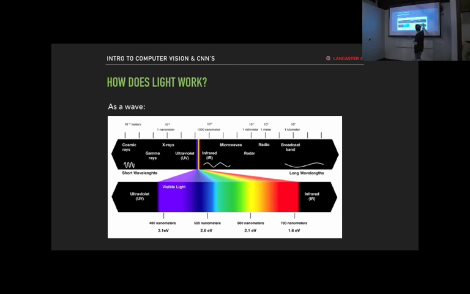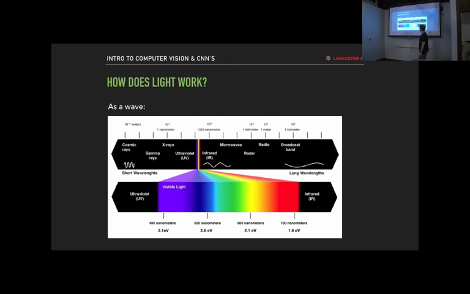Now what we're concerned about is this little spectrum right here, which is the spectrum of visible light. And it's tough to see. I'm not sure what's going on with the projector, but this is actually supposed to be bright red. It is on my screen here, so just imagine that this is bright red, okay? So it goes from blue to red. In visible light, the blue spectrum is about 400 nanometers, the distance between the tip of one to the tip of the next, in terms of the wave. 400 nanometers with about 3.1 electron volts.